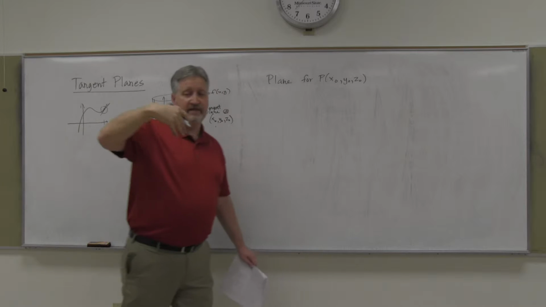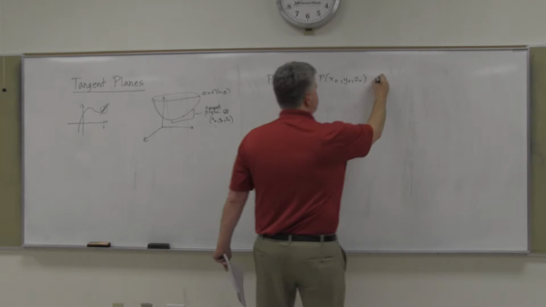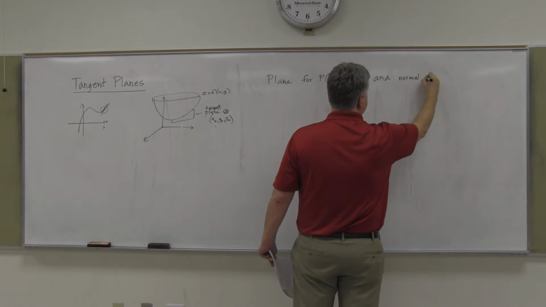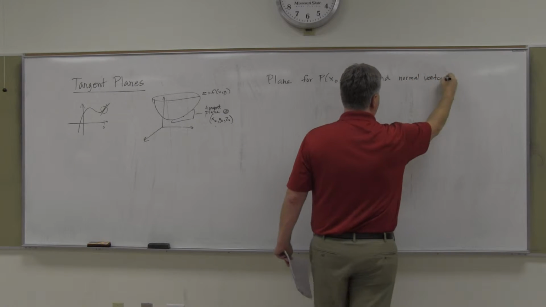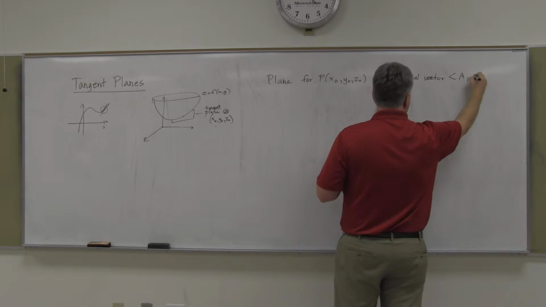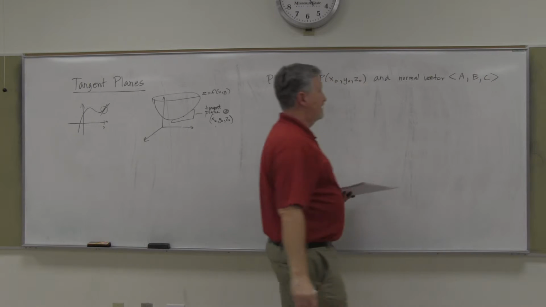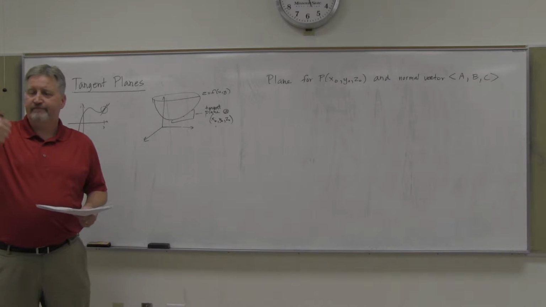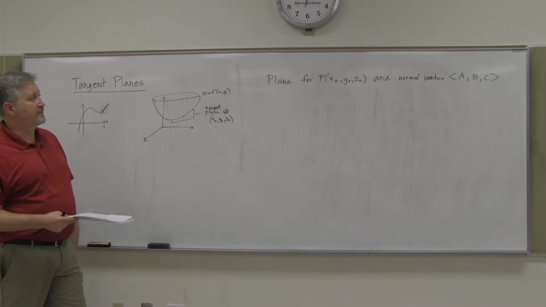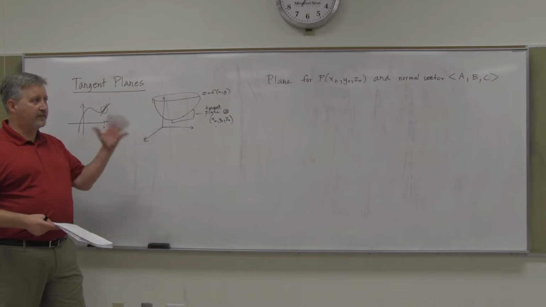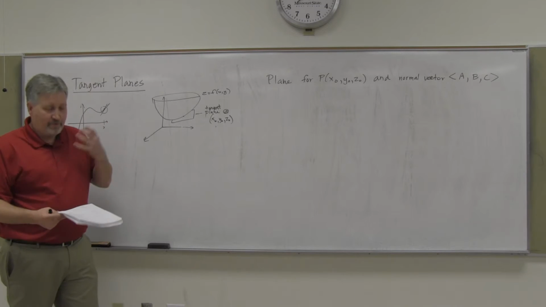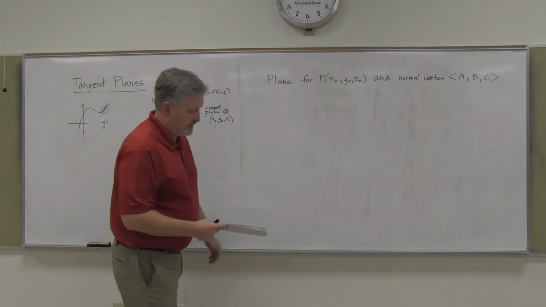The other thing we would need is that normal vector, and that's not what we're going to use here, but that's the way we did it before. So let's just call it the ABC normal vector. So we've got that perpendicular vector to whatever plane we were trying to make. Well, it turns out we're not going to actually have to use a normal vector for these tangent planes because of what we know about tangents.